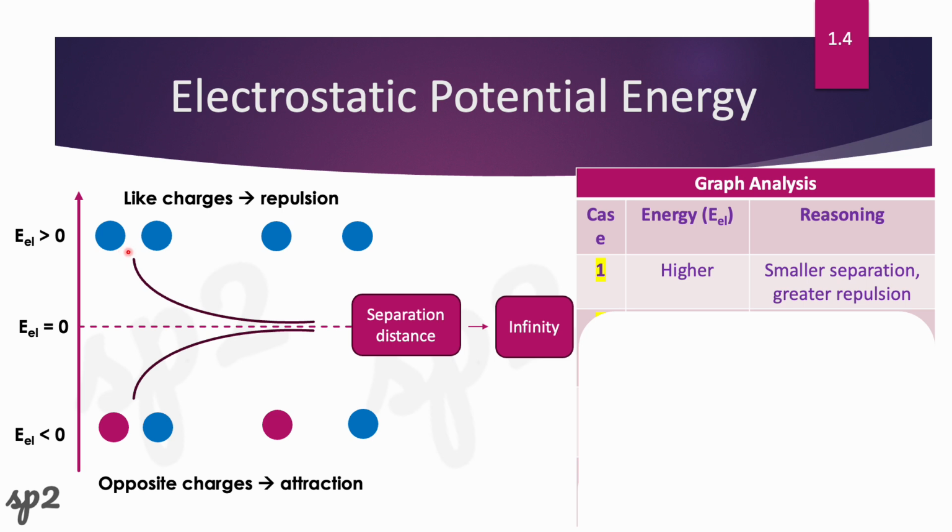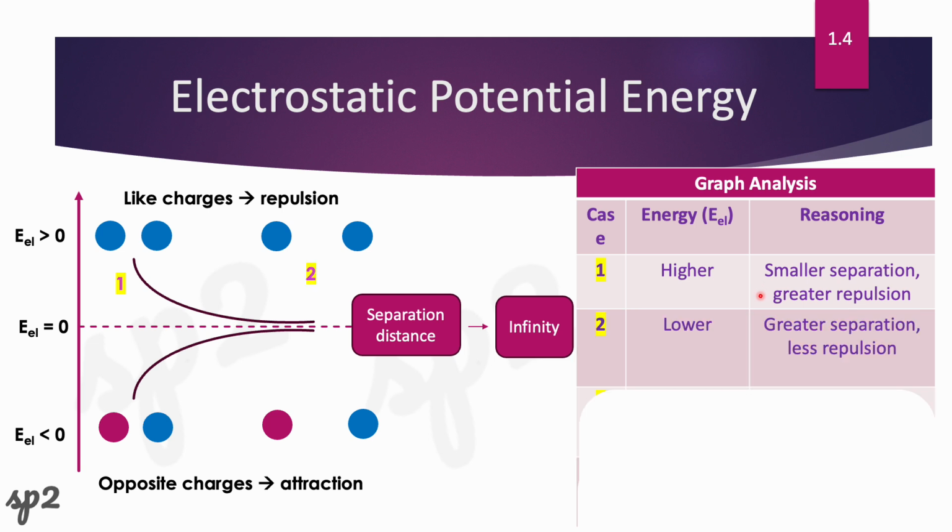So we start from a high energy, but the energy is going to go down as you separate the charges. So in the first state, we expect to have high energy because we have a smaller separation and therefore greater repulsion. But as you pull them apart and we have a bigger distance between them, they can have lower energy, right? A little bit more relaxed because now we have less repulsive forces between them.